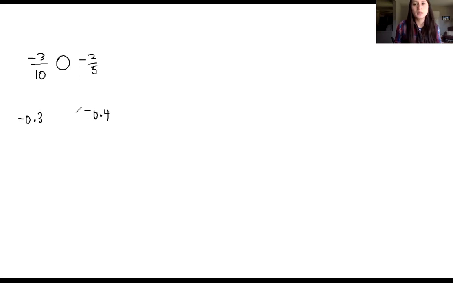Now, you might have done so many of these problems that you're like, oh, whichever one's bigger is greater. When we look at this, our instinct is to say, well, 0.4 is greater, so it's bigger. But because it's negative, be careful here that 0.3 is actually greater, because if I were on a number line and this is 0 and this is 1, this is 0.5, 0.3 would be right here, and 0.4 would go right here.